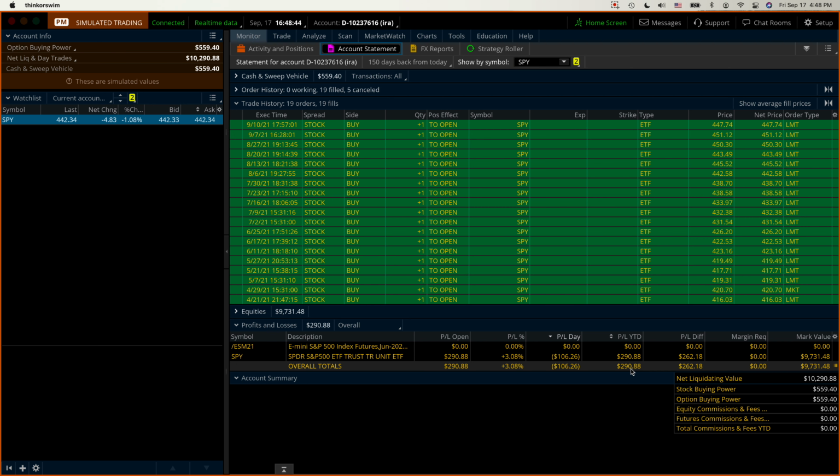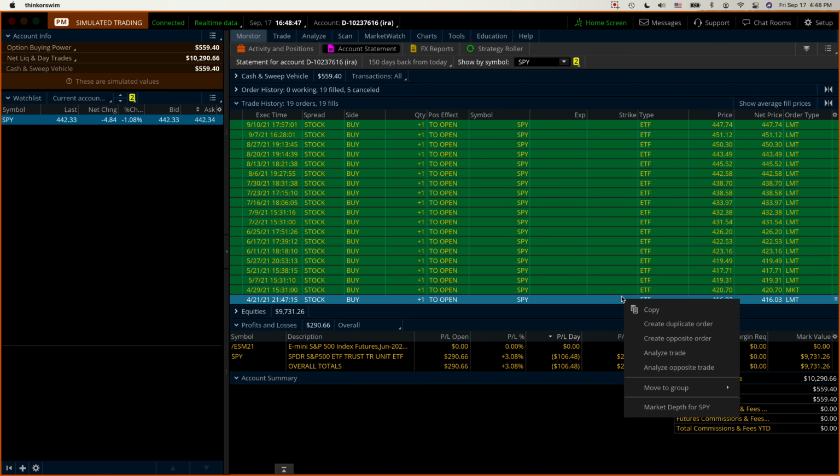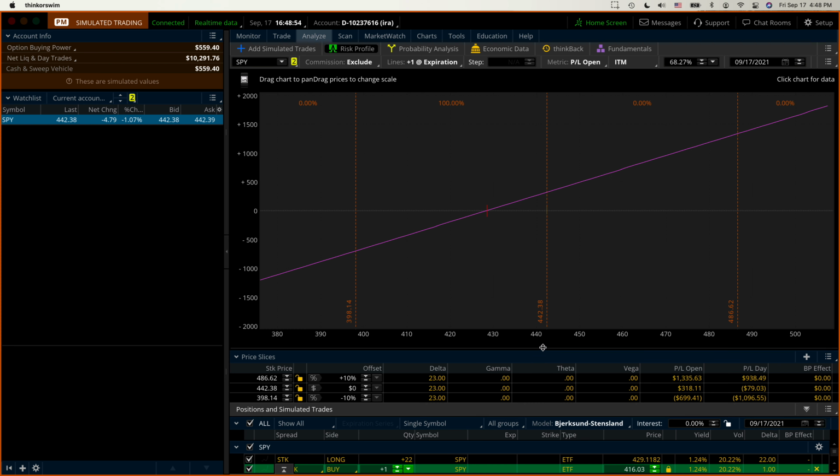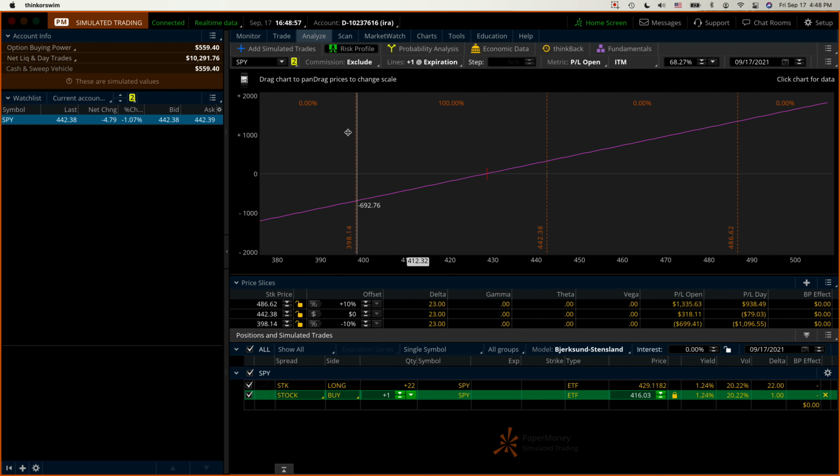The market has been going down for the week, so all that means to us is we're going to buy cheaper than usual. So analyze trade is what I'm going to do, and that brings my one share here to the analyze tab, and here you can unlock this, and that tells you a more realistic price. Over here at the top, disregard this position.